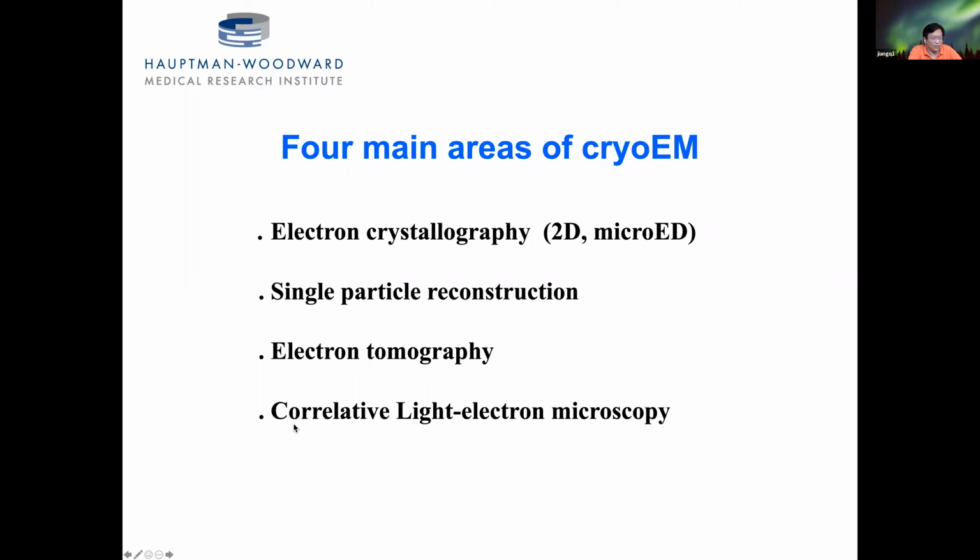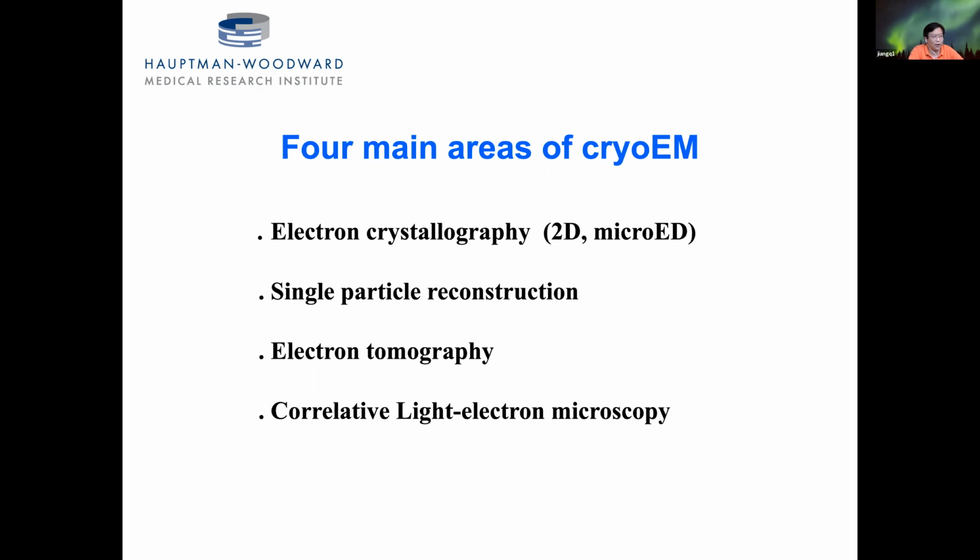The last area is called correlative light and electron microscopy, which is the method to bridge the resolution gap between light microscopy, which is about 100 to 200 nanometers, and electron microscopy, which is better than 10 angstroms. So there is a gap between 100 nanometers and 10 angstroms, which is 1 nanometer. So using this method, you can make correlation between light microscopic images and electron microscopic images.